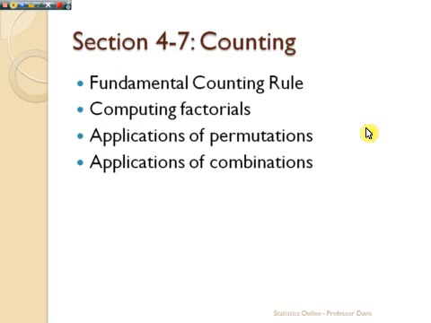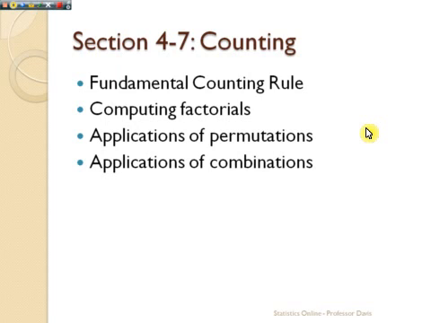And then the two primary ways we compute things, computing permutations and combinations. Permutations are involved when order is important. In other words, there might be a ranking involved, and there's no repetition. In other words, we sample without replacement. With combinations, well, same sort of thing, only order is not important there.